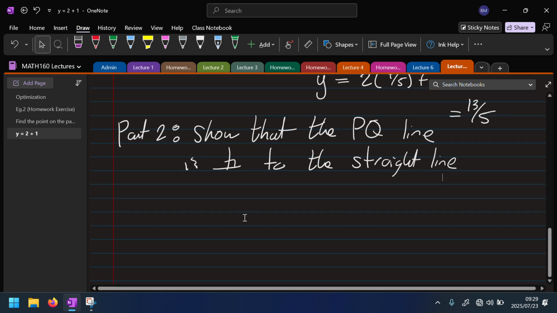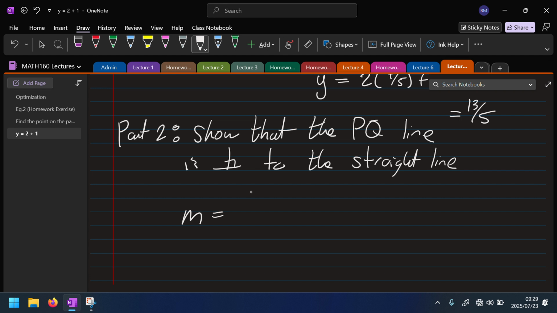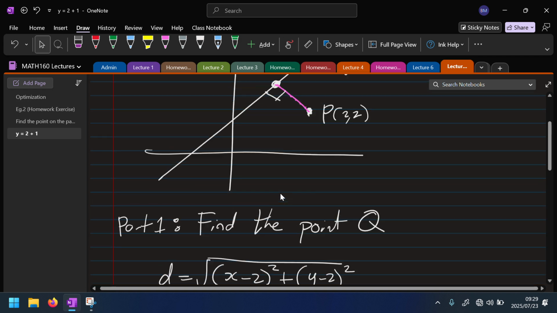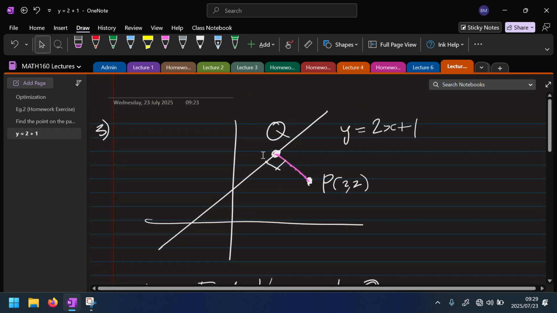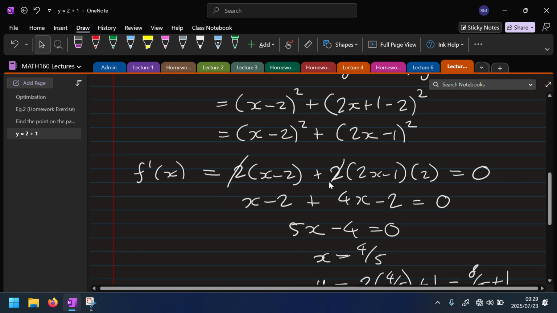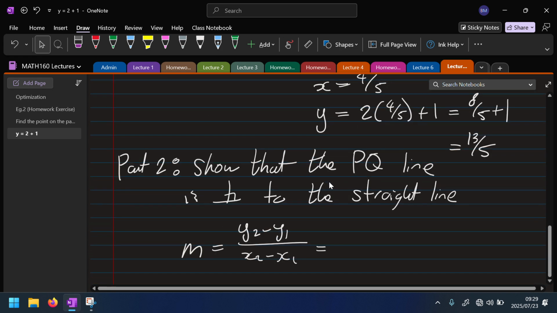Let's start by finding the gradients. So m, that will be (y2 minus y1) over (x2 minus x1). We've got the 2 points, so we can find the gradients. Let's say PQ, so y2, that will be from Q, and y1, that will be from the P. Or you can do it the other way around, doesn't matter.